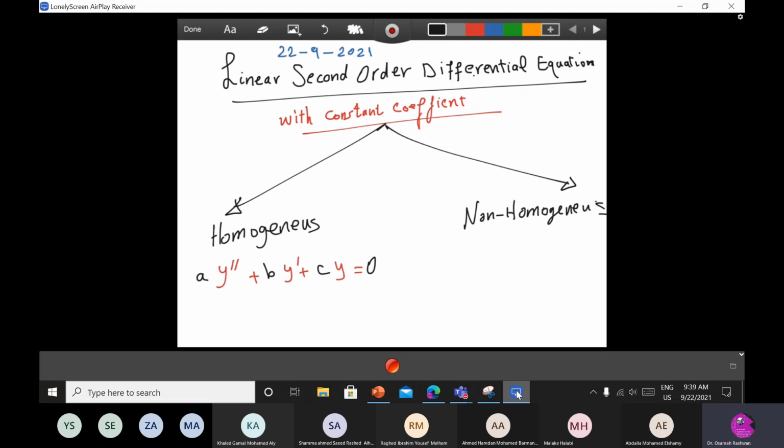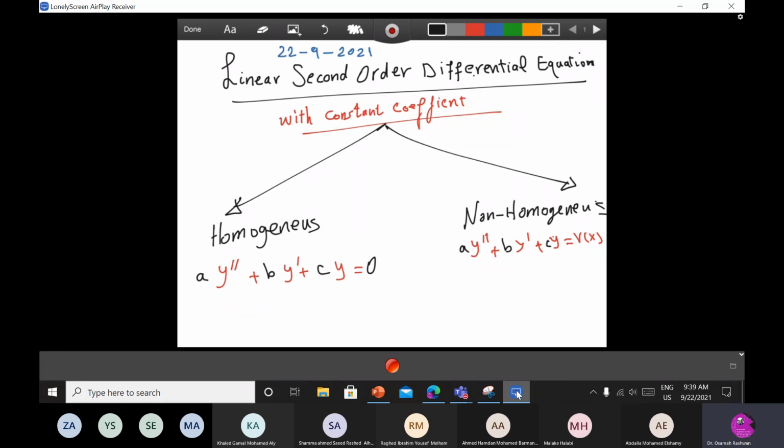And non-homogeneous, it will be the same shape, but you have a function of x in the other side. Okay, and also the coefficients are constant.